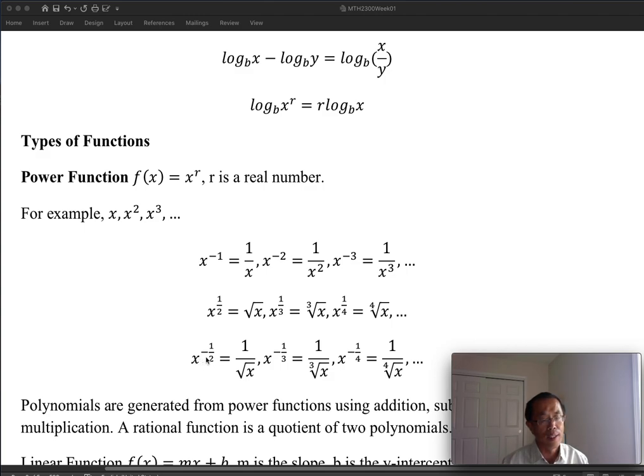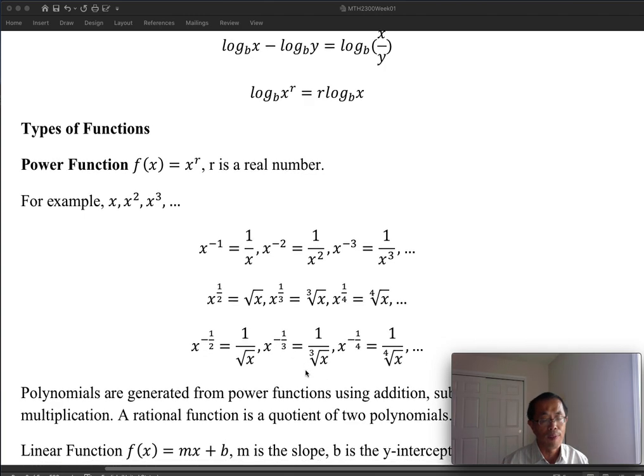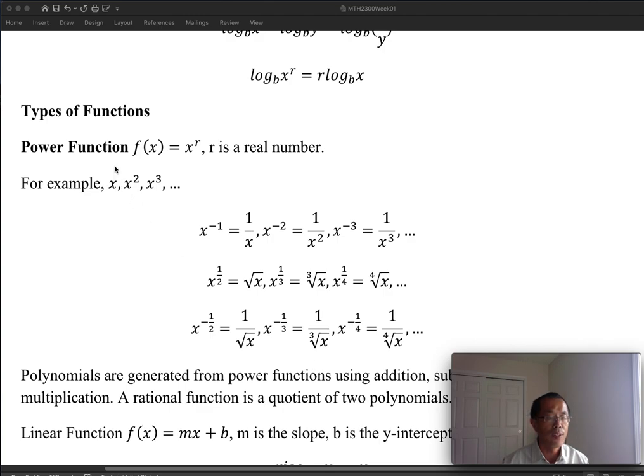So x to the negative 1/2 is 1 over square root of x. x to the negative 1/3 is 1 over third root of x, and so forth. Power functions are a really big family of functions that include a lot of different functions.